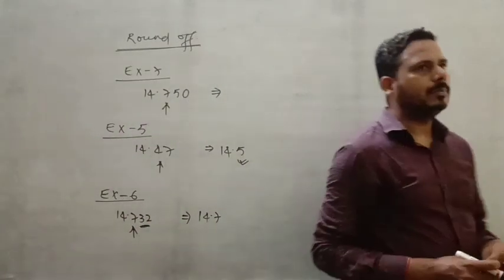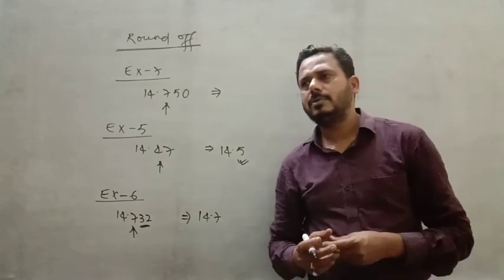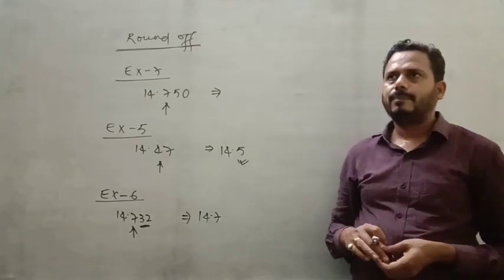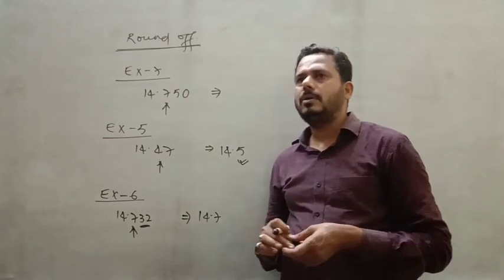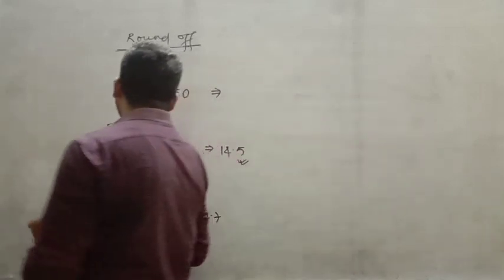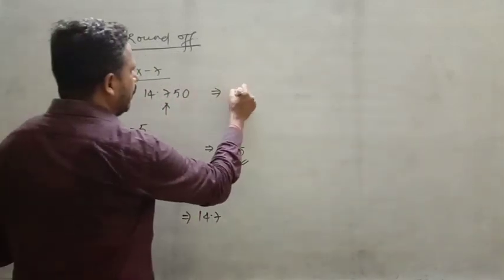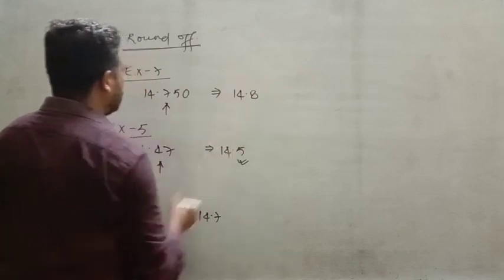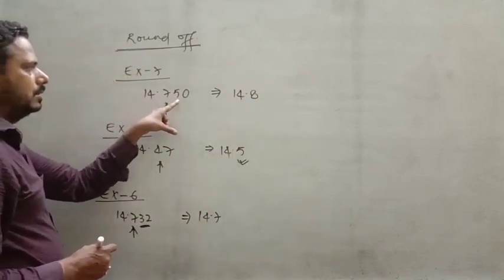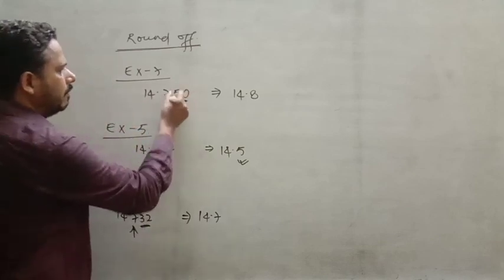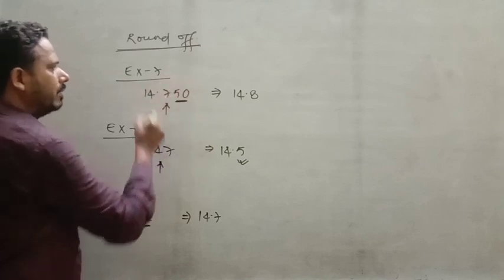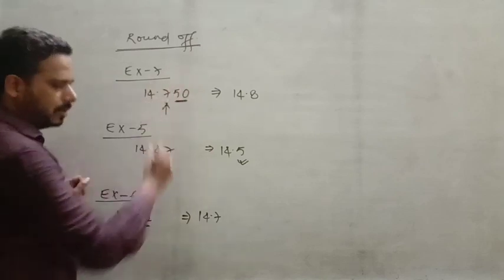For an odd number, if the next coming number after the rounding digit is 5, then your odd number is increased by 1. That means that will be 14.8 automatically. But this rule does not exist for even numbers.